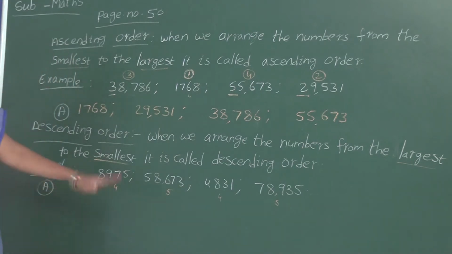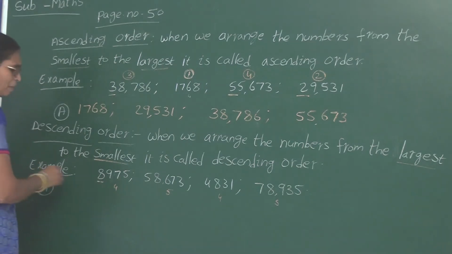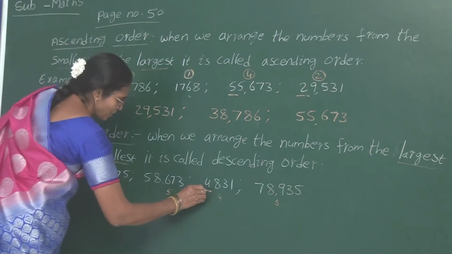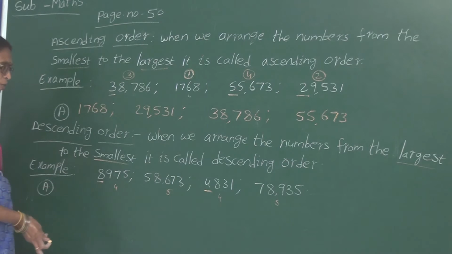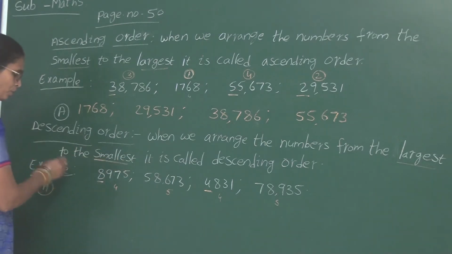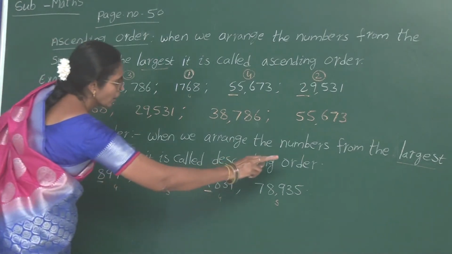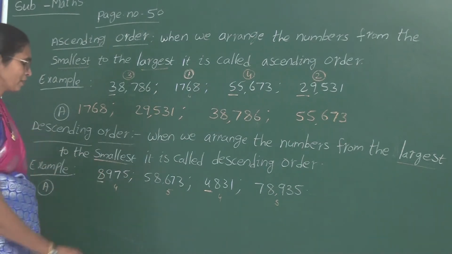First of all, we can compare the 4-digit numbers. Let us see. In this 4-digit number, what is the first digit from the left side? Here it is 4, here it is 8. Out of 8 and 4, which is the greatest, the biggest? Largest to smallest means first of all compare the greatest one.